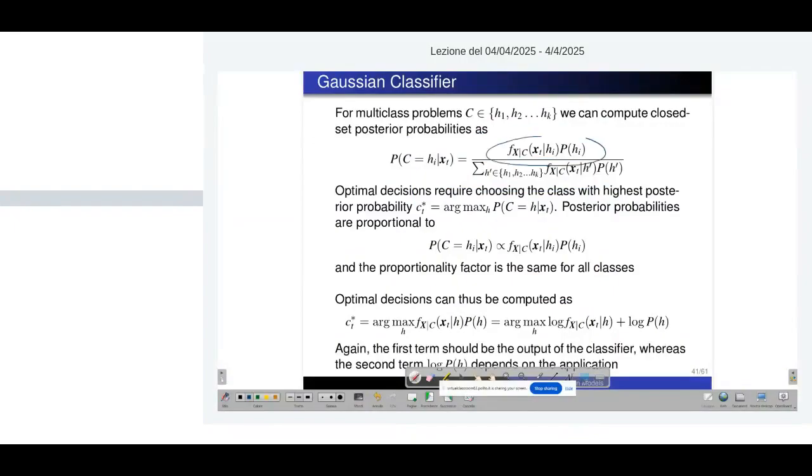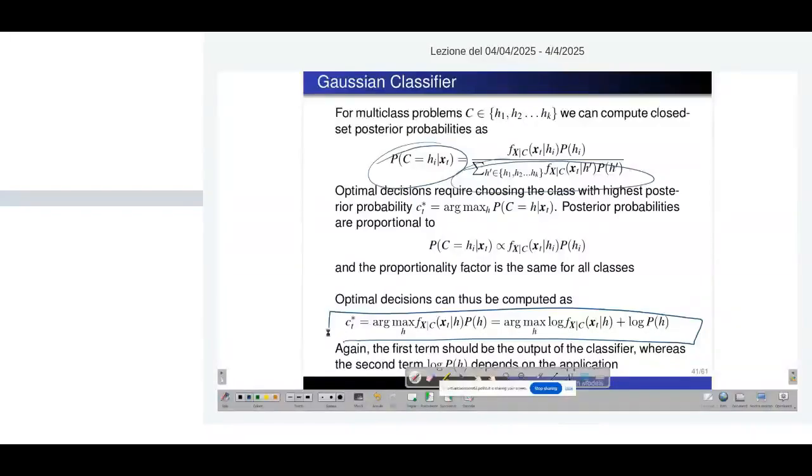This combined with the prior probability gives us the likelihood that we observe the point and the class label that we are making the hypothesis for, and then we divide by the marginal and we obtain the posterior probability.